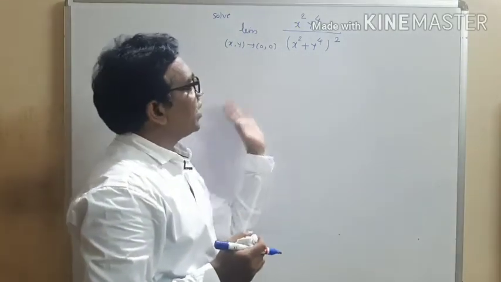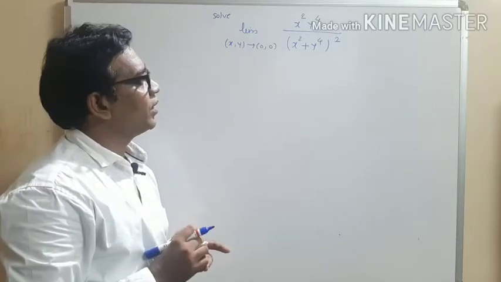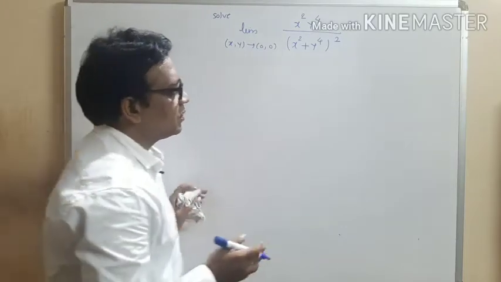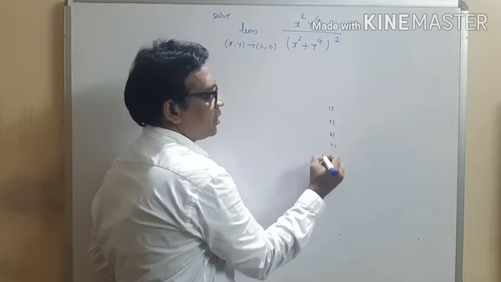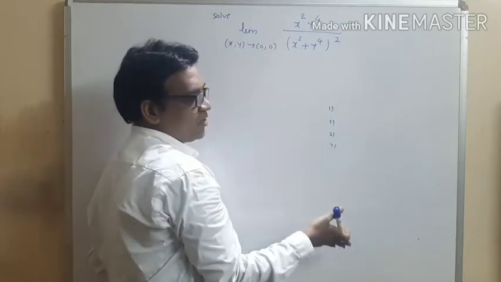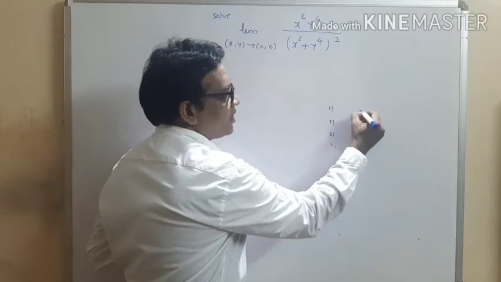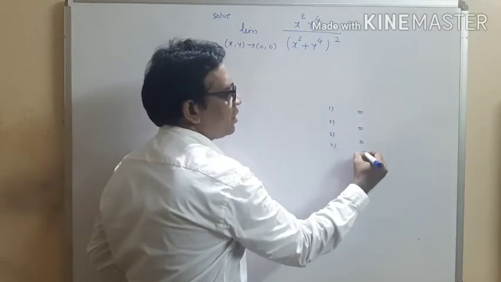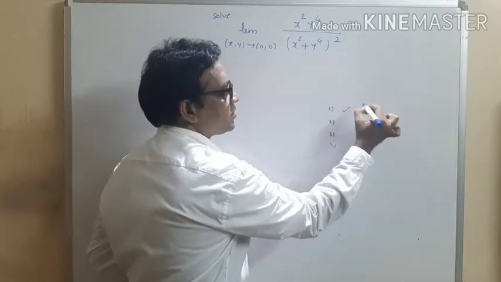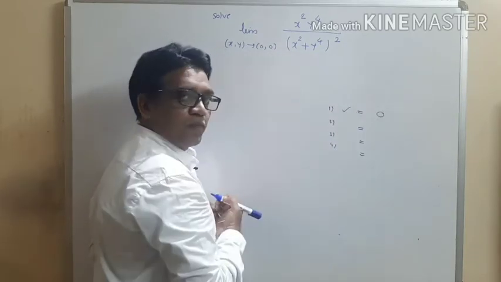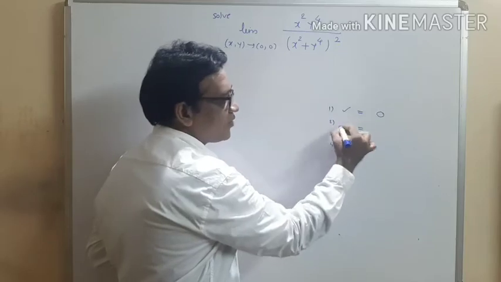Now again we have to solve this limit. So what is the process? Consider some different equation. You can use number of equation. Consider some different equation and get some different limit. If suppose limit along first path is 0, consider next equation.